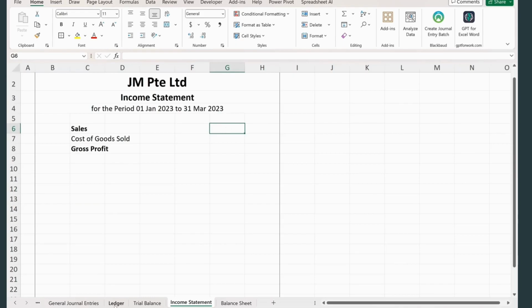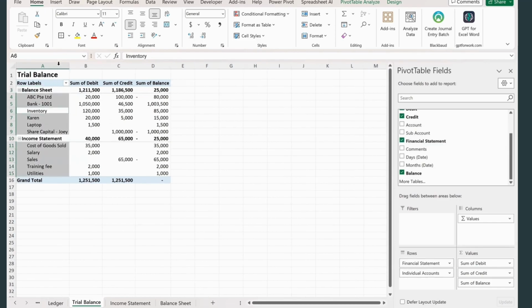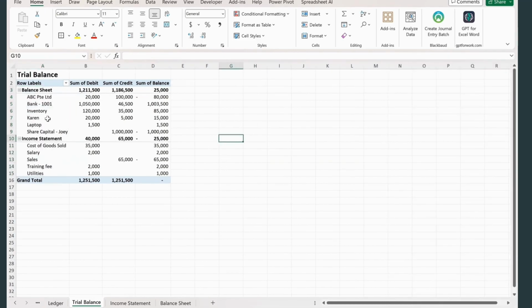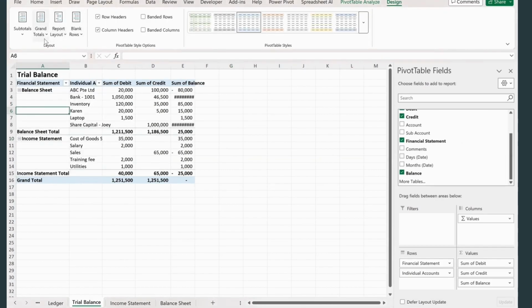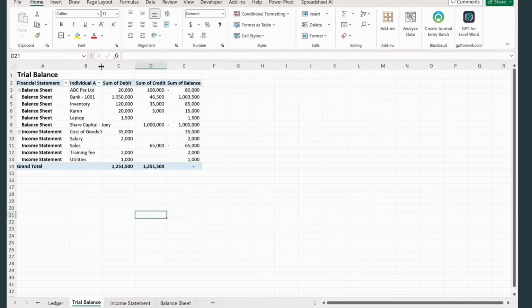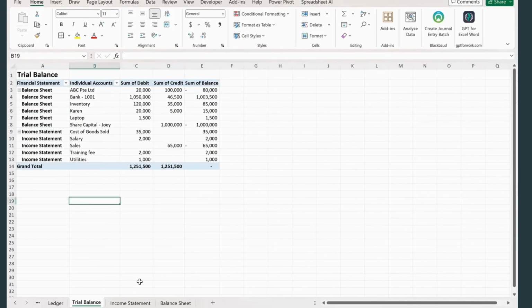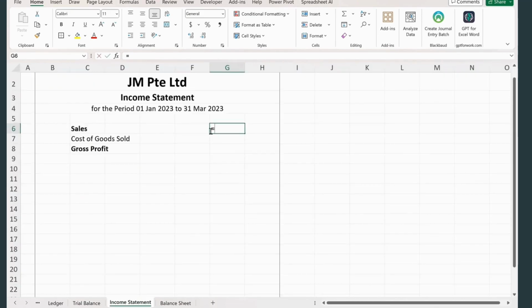We look up the financial statement column to see if it's a balance sheet or an income statement. It's easier for us to do our balance sheet and income statement.